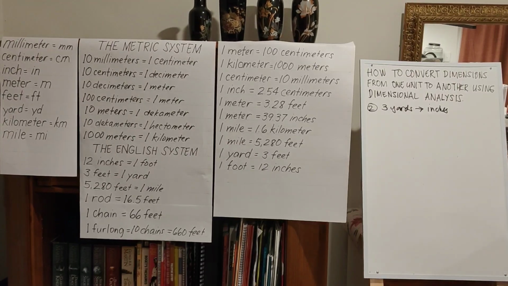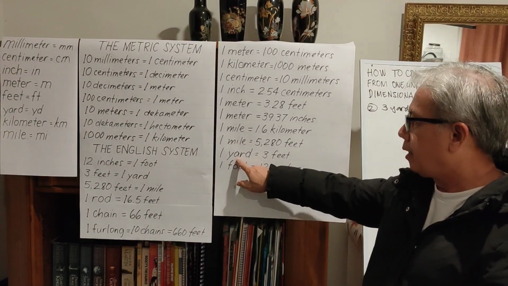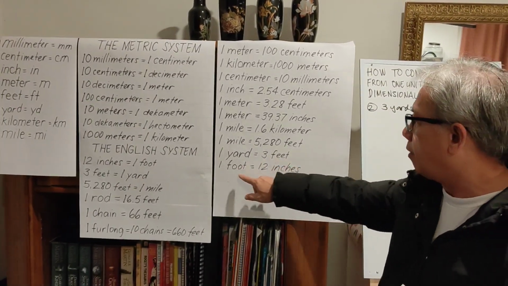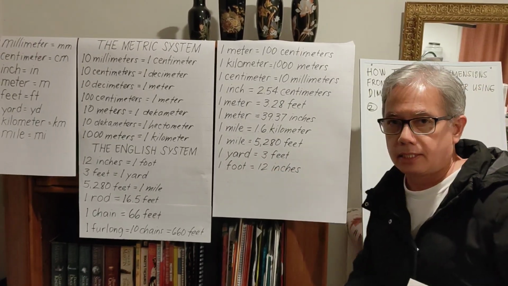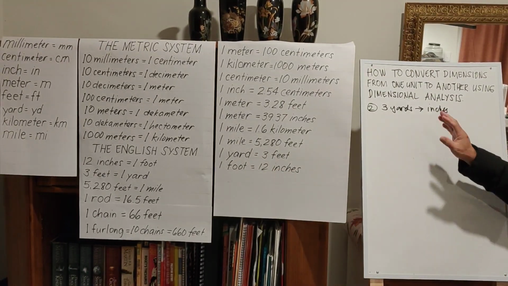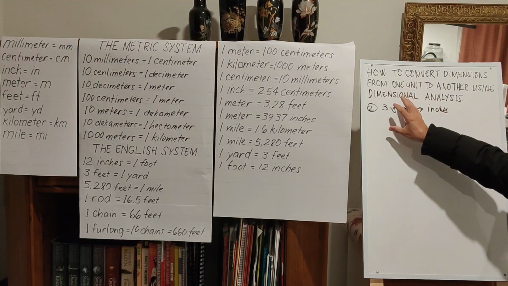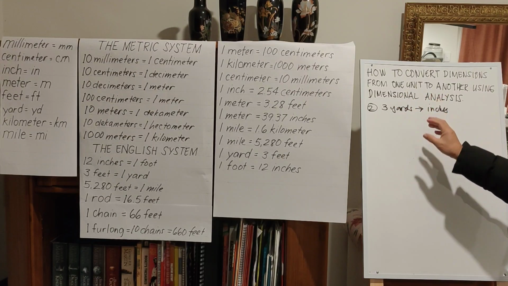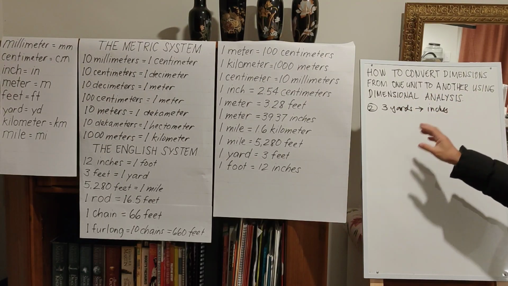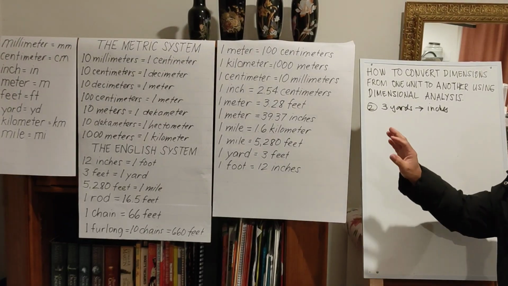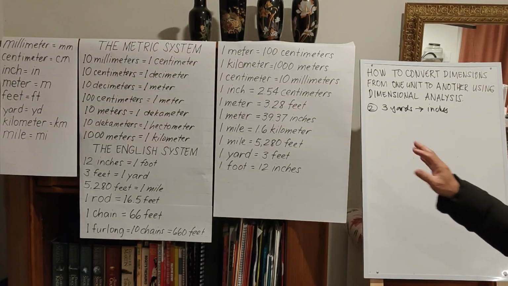Here we have 1 yard equal to 3 feet and 1 foot equal to 12 inches. So we can convert it one by one. We convert the yards into feet, and then when we get the answer, we can convert the feet into inches. But we can also do a shortcut. We can combine the conversion.